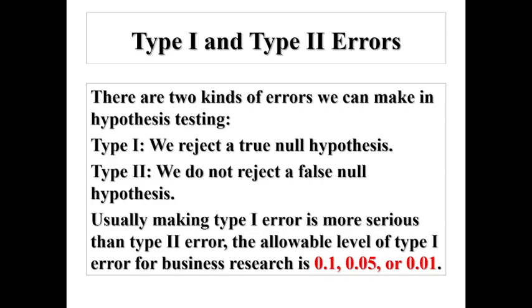Two-sided means we consider either a positive relationship or a negative relationship, right? Let's say the degrees of freedom is 20, and one-sided, 10%. Sorry, this is T, with 20 degrees of freedom.